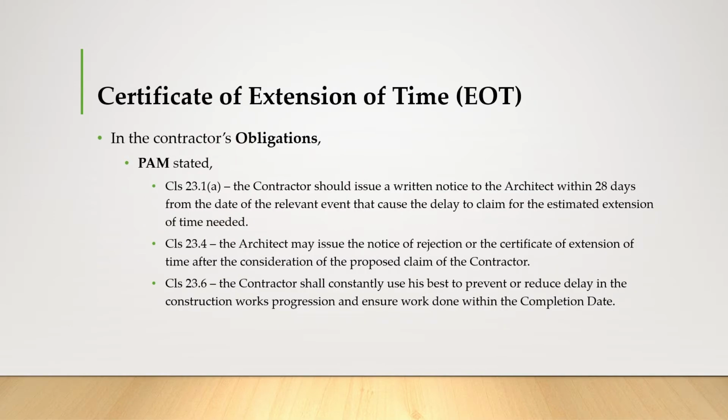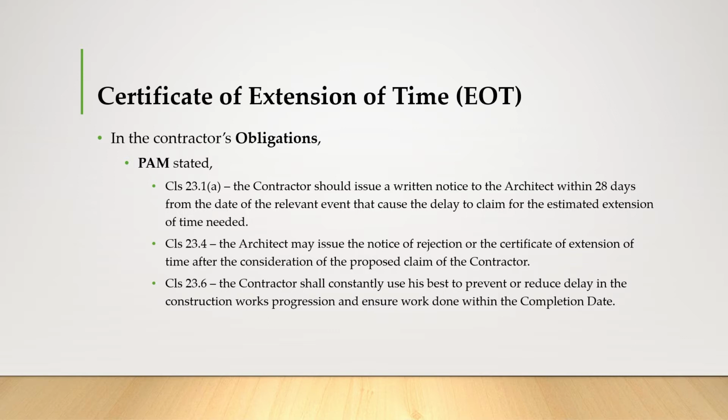So the first thing we'll talk about is the contractor's obligations. In PAM, it is stated in clause 23.1a that the contractor should issue a written notice to the architect within 28 days from the date of the relevant event that caused the delay, to claim for the estimated extension of time needed.